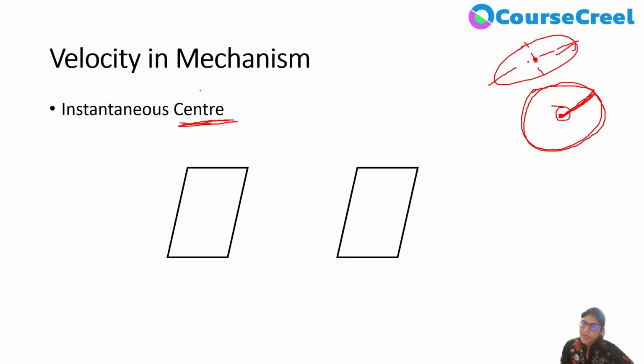If any link is following rotational motion or curvilinear motion, it will usually happen with respect to one point, that is called instantaneous center.